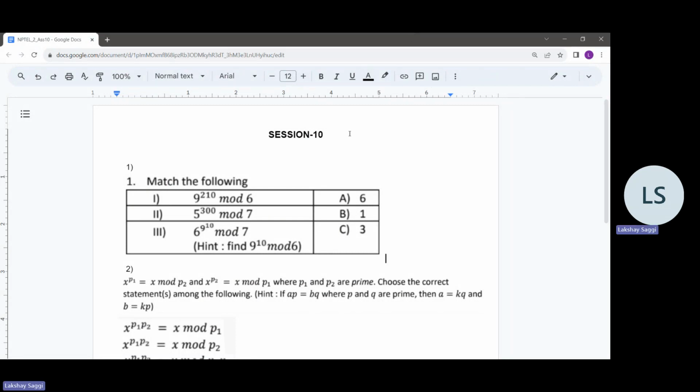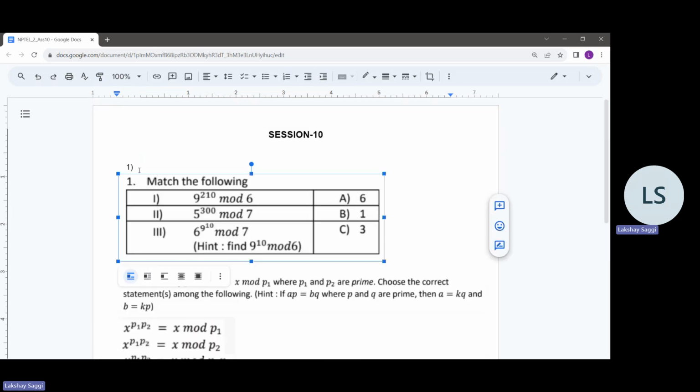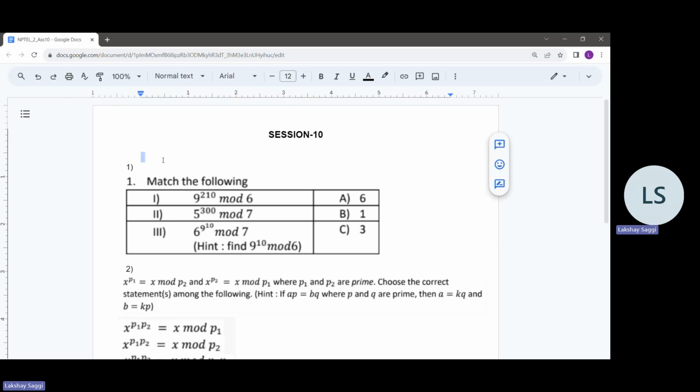Okay, so I've started sharing my screen. As you can see, this is the 10th session and I have 5 questions prepared for today. We'll start discussing all these questions one by one. Just before that, as I usually do in the problem solving sessions, even if you have gone through the lectures, I'll write some preliminaries which we'll be needing to solve the problems present in this problem sheet.